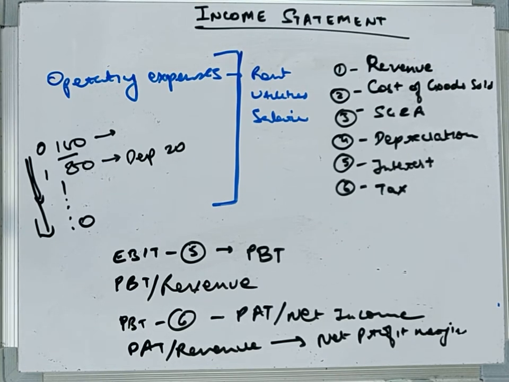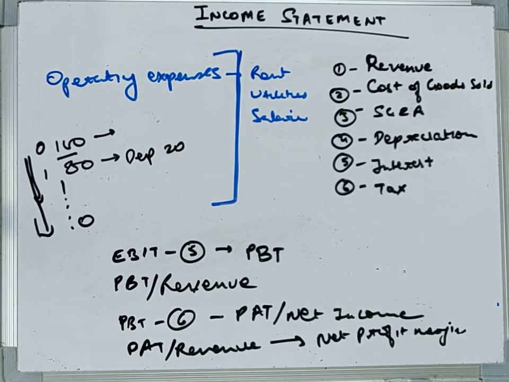Then we put the non-operating expenses, that would include your interest expense. And then finally we put the tax rate to calculate your net income, that is the income that the company will take as profit for the year, can distribute as dividend or retain as retained earnings.